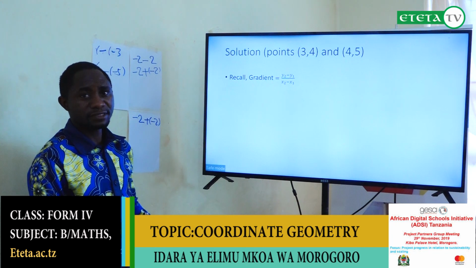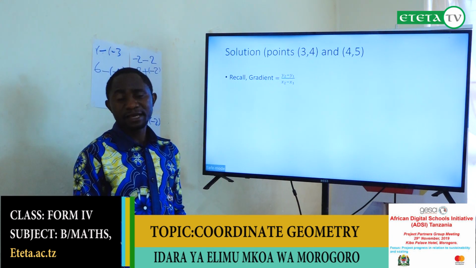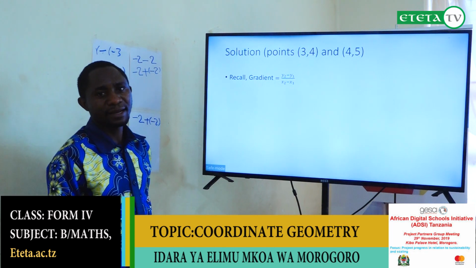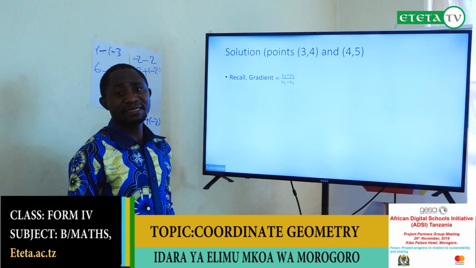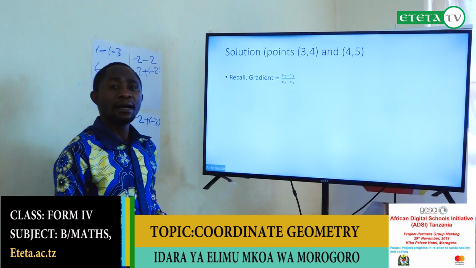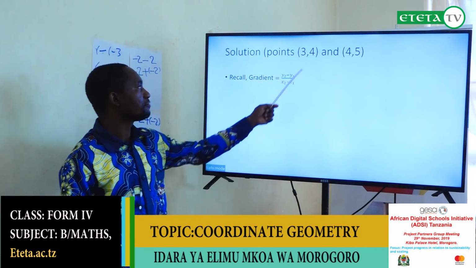Now, come to the formula for finding gradient. Gradient, as usual, is given by y2 minus y1 divided by x2 minus x1. Our y2 is 5, our y1 is 4.